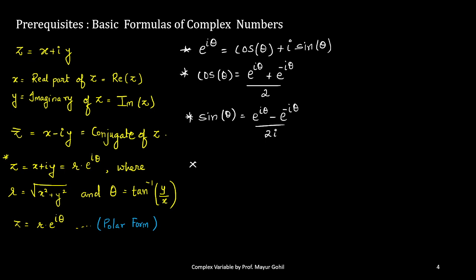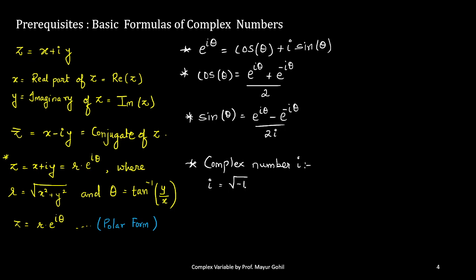A few important identities related to complex number i. If we know these powers, it would be good. i is nothing but square root of minus 1. Now some people write i as j, but in mathematics it is generally written as the iota i.